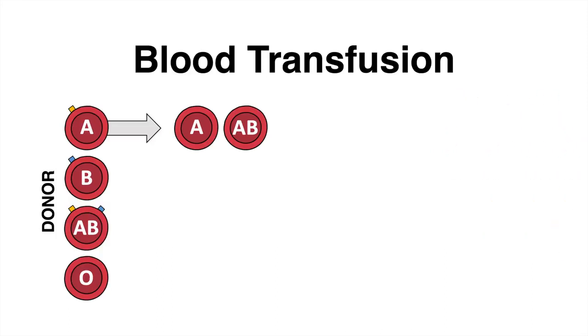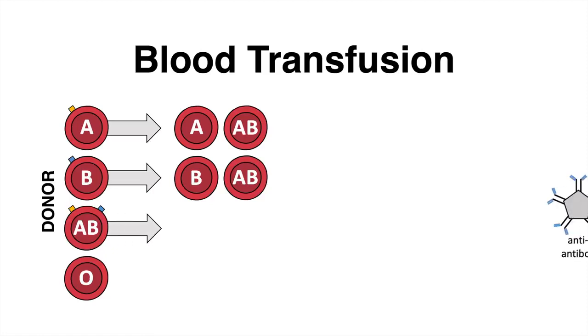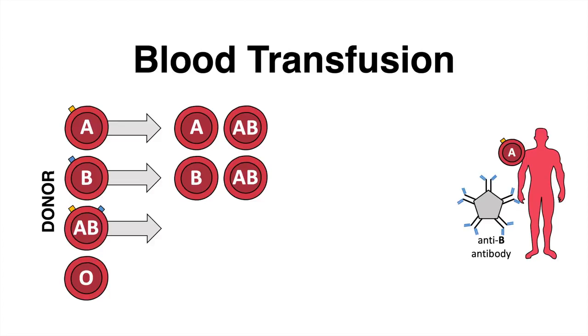Blood group B can not donate to A, but of course to blood group B and AB for the same reasons we already mentioned. Blood group AB is a special case. These red blood cells, which express both glycolipid variants, cause problems in recipients with blood group A. Blood group A also has antibodies which bind to the B antigen. AB erythrocytes also cause problems for the same reasons in the system of type B recipients.